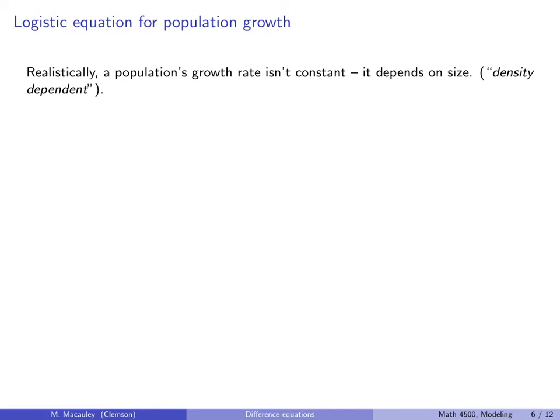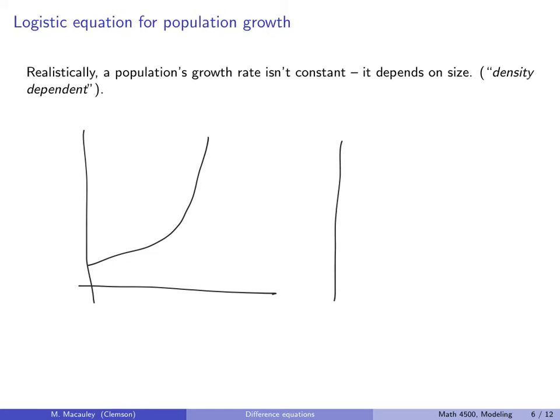Okay, so let's go over a popular population growth model. We've seen exponential growth. So that happens when we have a population that grows exponentially, and it looks something like that. It grows without bound. But realistically, that doesn't happen for more than just a short amount of time.